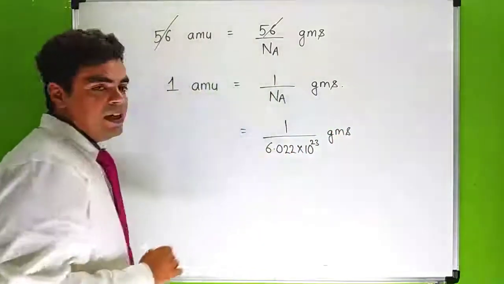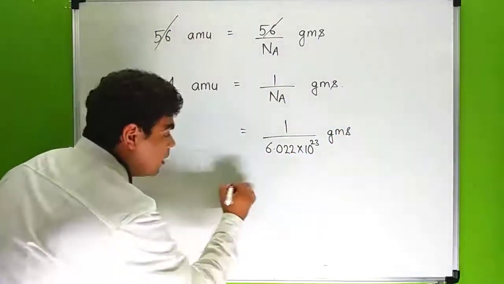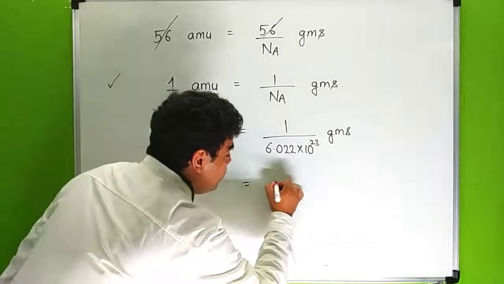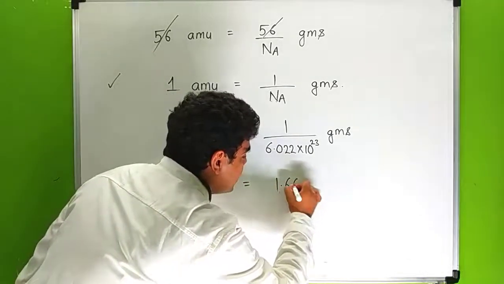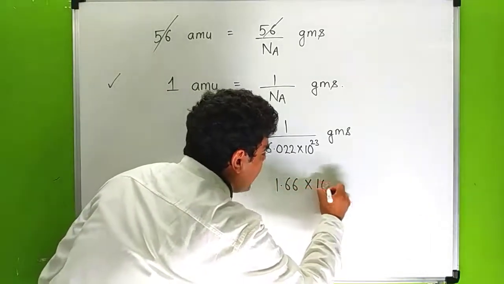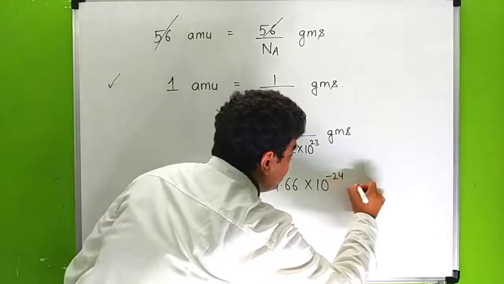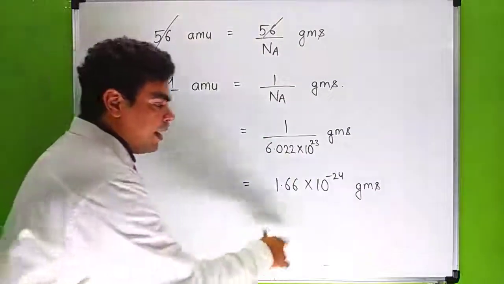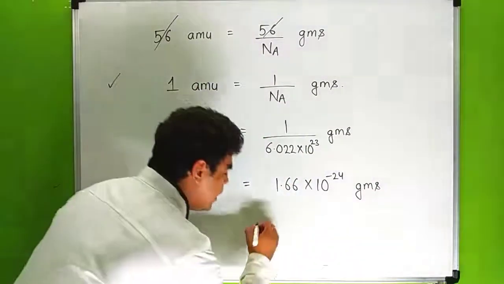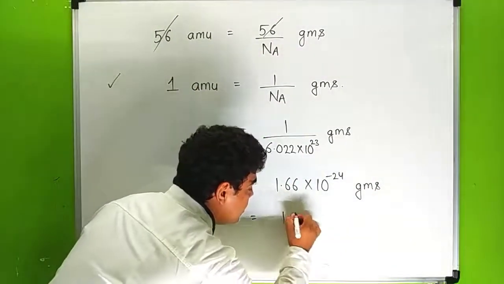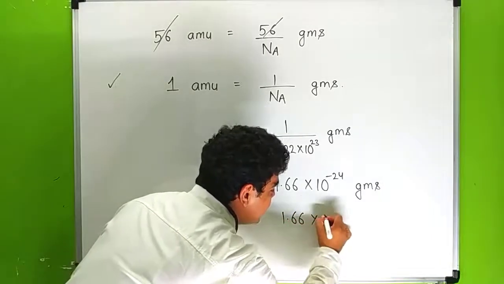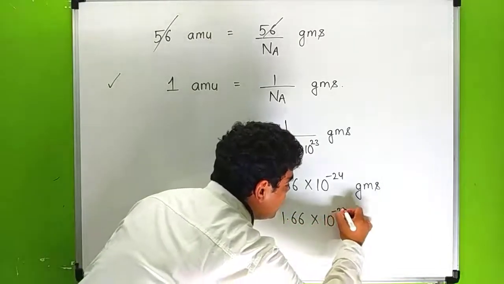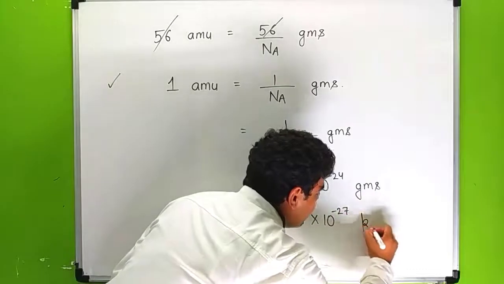If we do the division, we get 1 AMU is equal to 1.66 into 10 to the power minus 24 grams. We could also write in terms of kilograms, and it would be 1.66 into 10 to the power minus 27 kilograms.